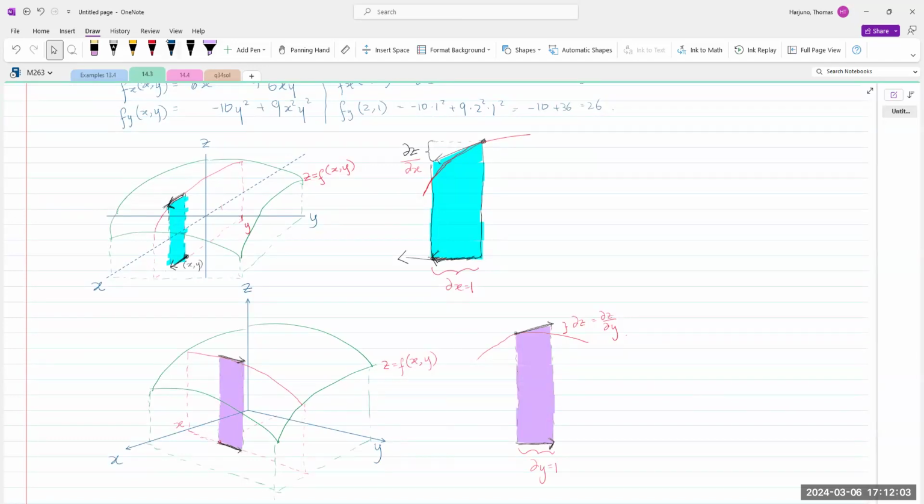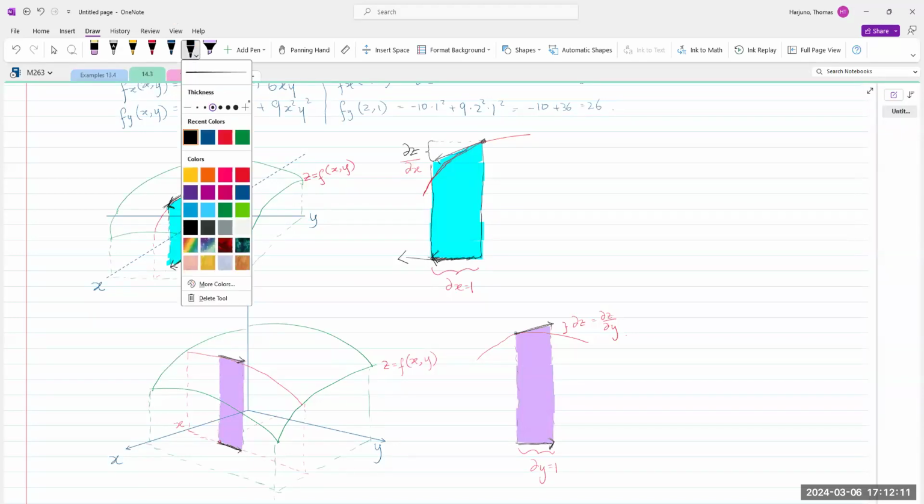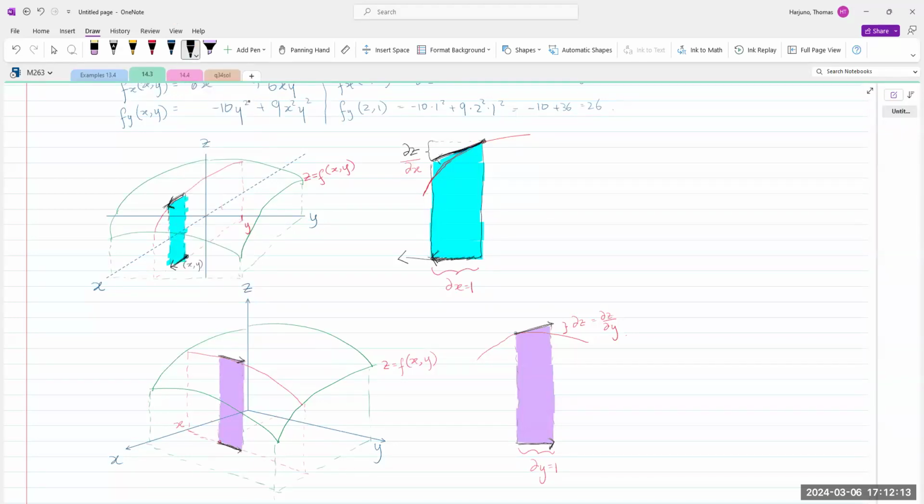So when I move on, I want you to notice what is this factor here. What is that factor there? Now that factor is 1 unit in the x direction, 0 units in the y direction, and dou z dou x in the z direction.